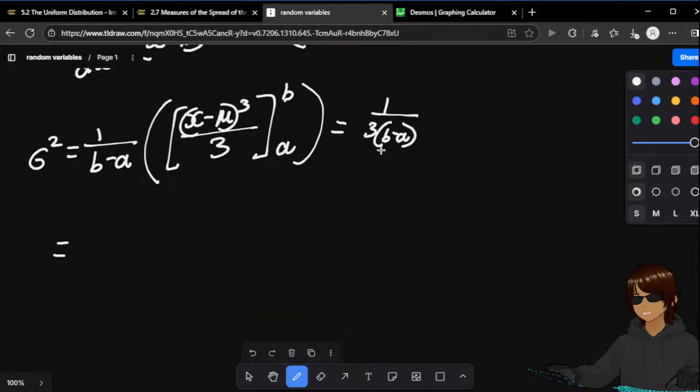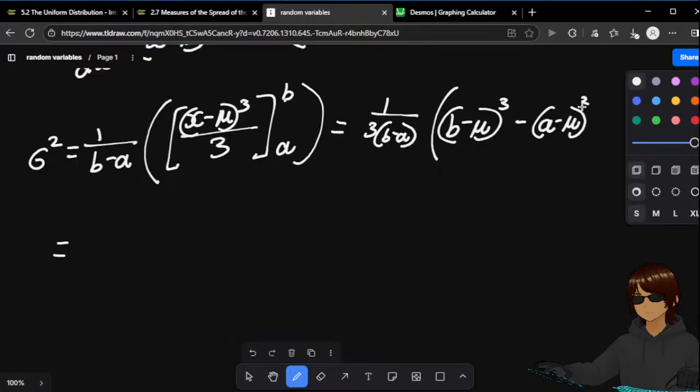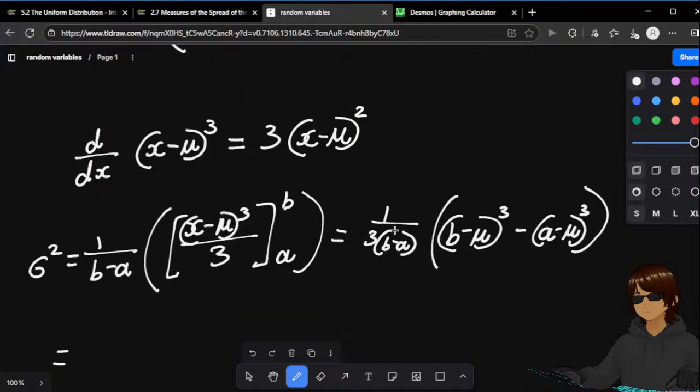I will take the 3 out and then put b and b minus mu cubed minus a. Did I make this more complicated? Yeah, I will look at this on my own time.